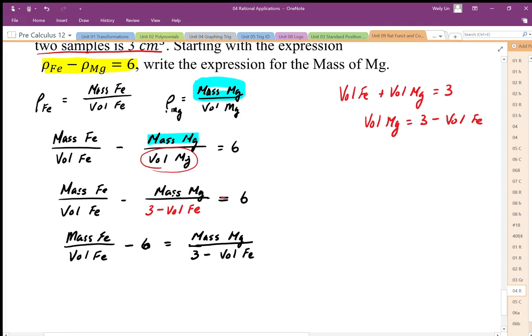And I want to solve for the mass of magnesium. To do that, I'm just going to multiply both sides of that equation by that denominator, 3 minus the volume of iron. Those are going to cancel out.